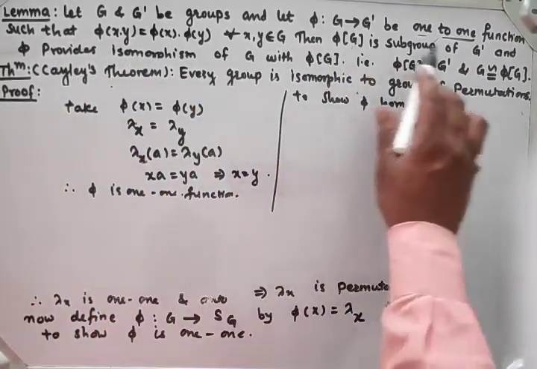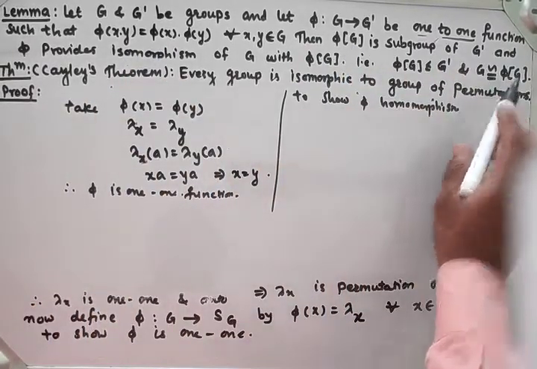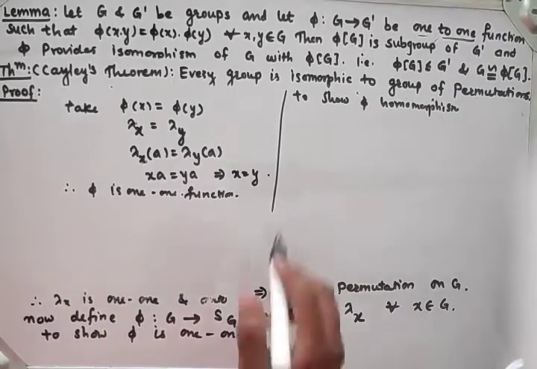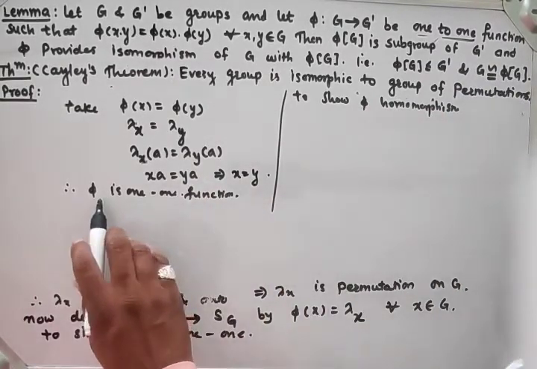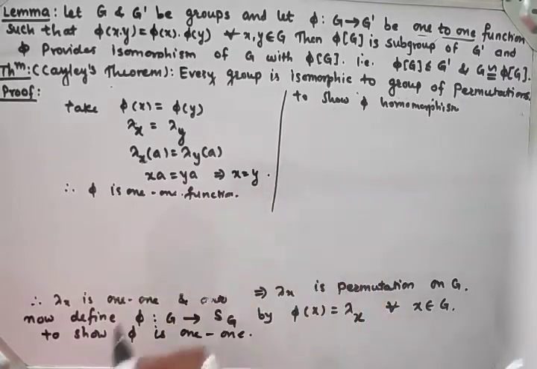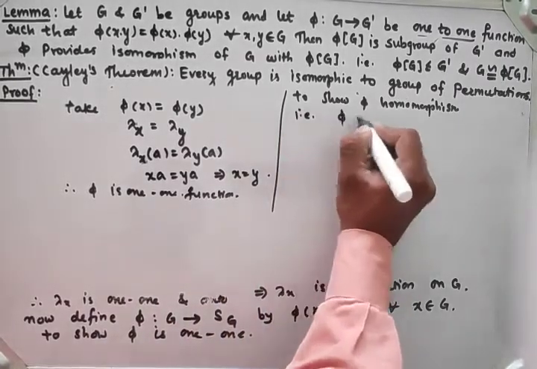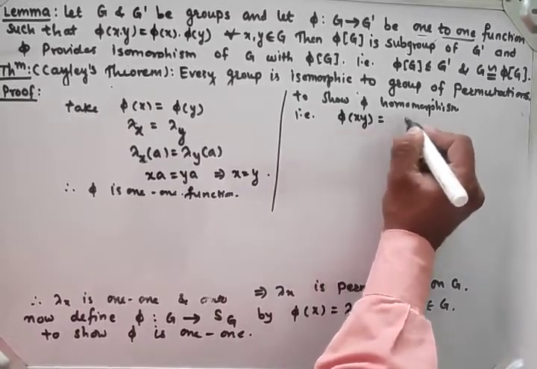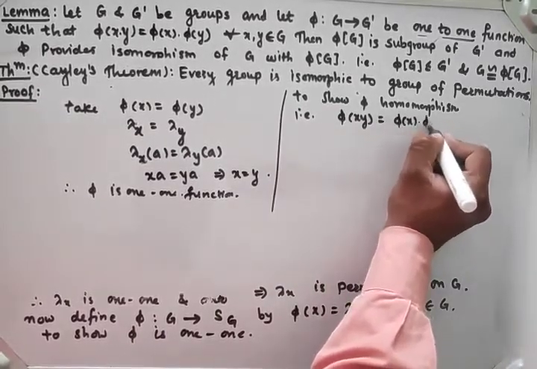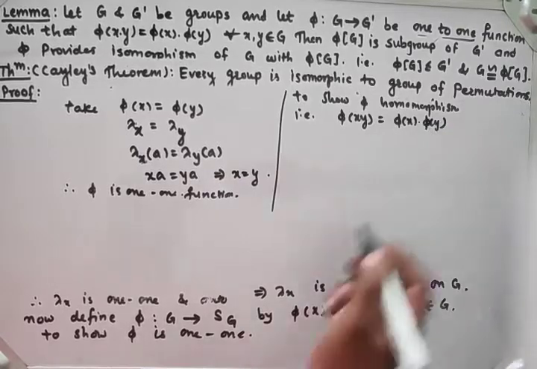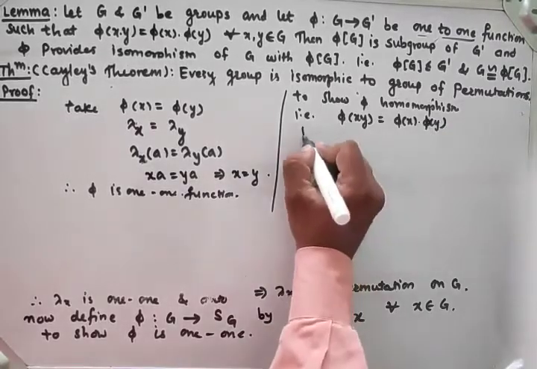Then phi of G is a subgroup of G dash and G is isomorphic to phi of G. So here we have shown that phi is a 1-1 function. Now to show phi is a homomorphism, that is what we have to show, phi of x into y is equal to phi of x into phi of y, right? So that is what we have to show.